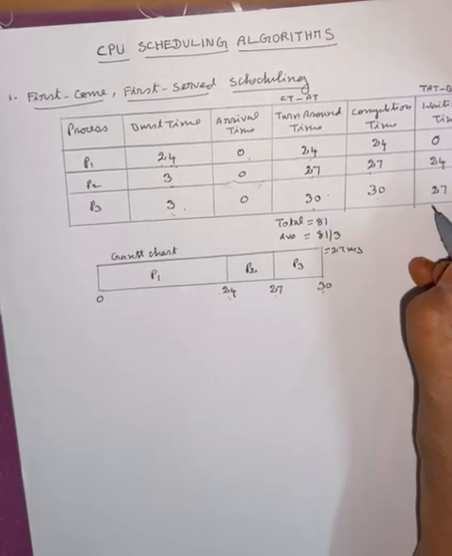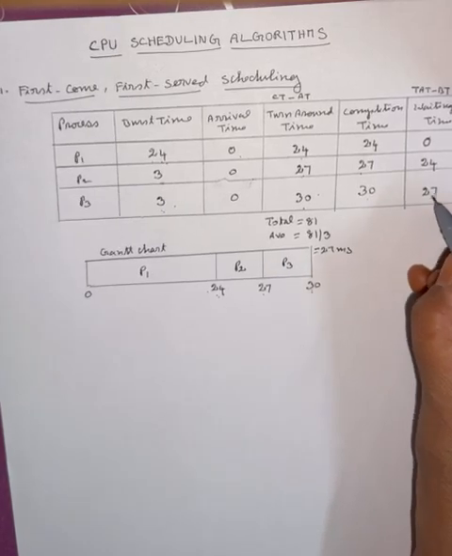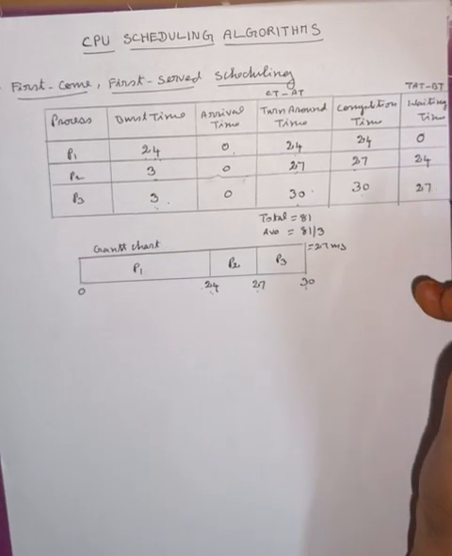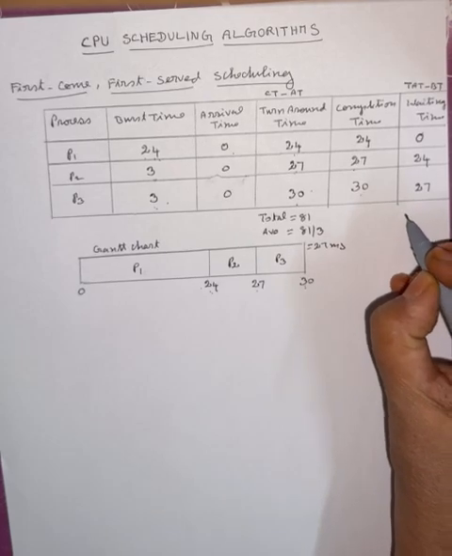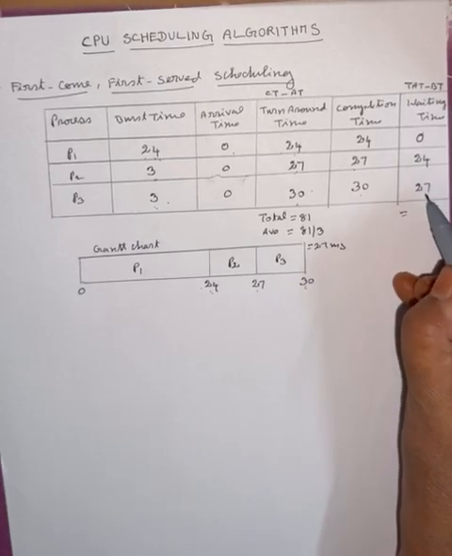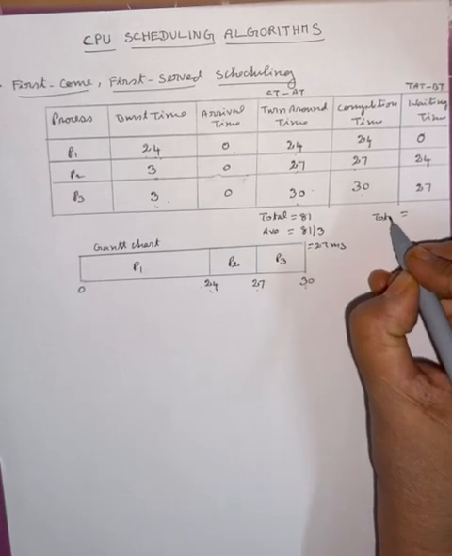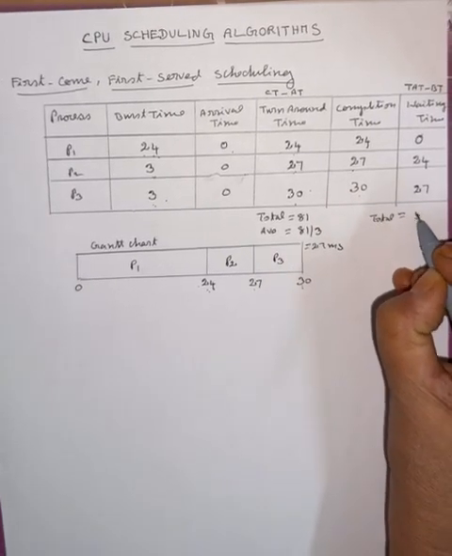And now we are going to calculate average waiting time. For that, first of all, we have to calculate the total of all three waiting times. So it is 0 plus 24 plus 27, the total waiting time, which is equal to 51.